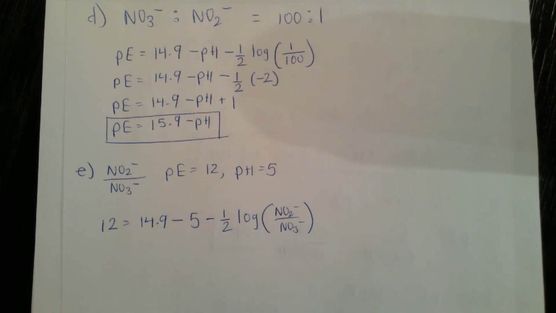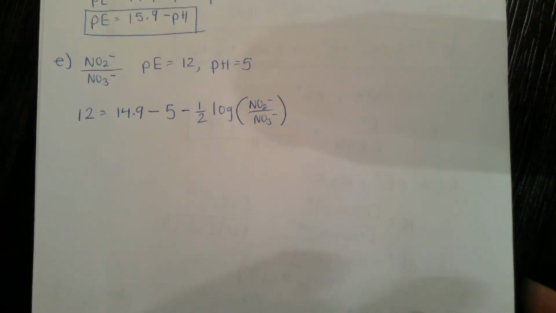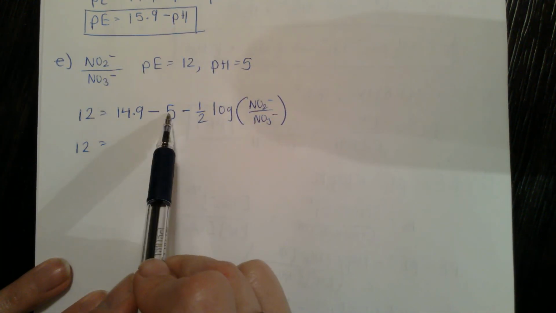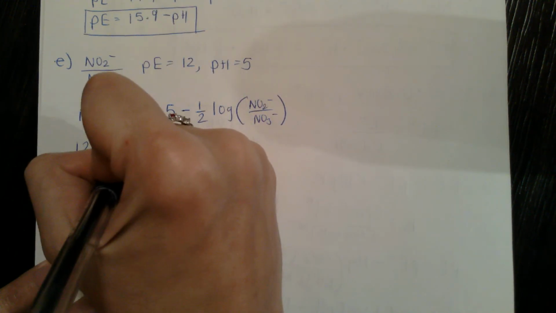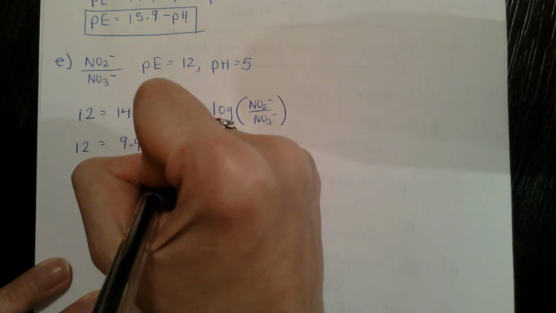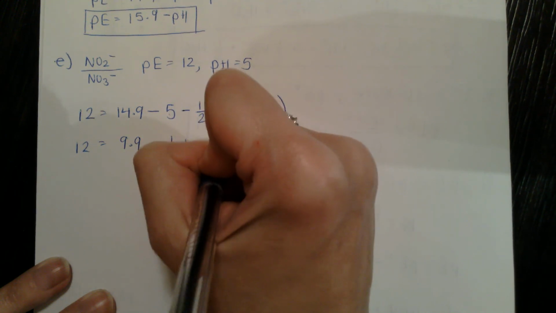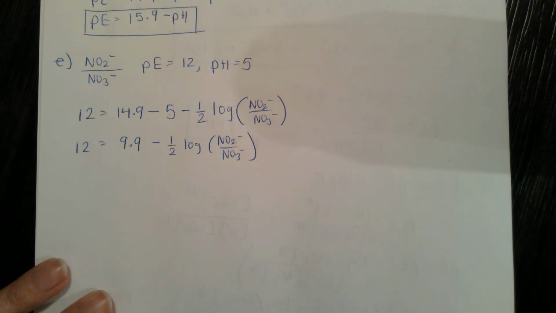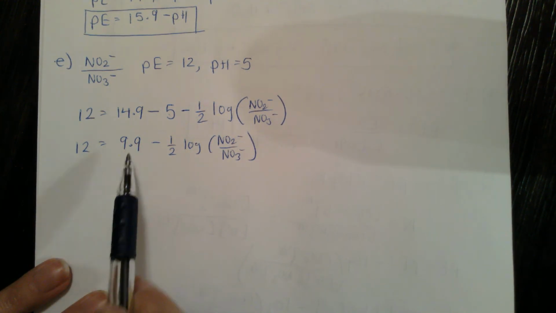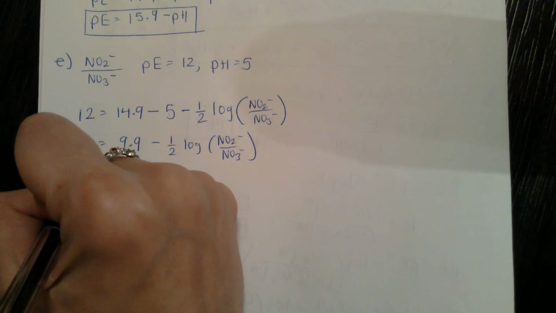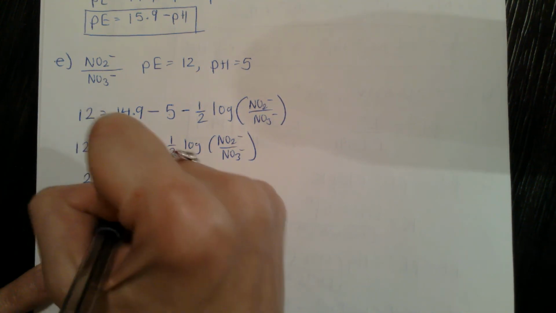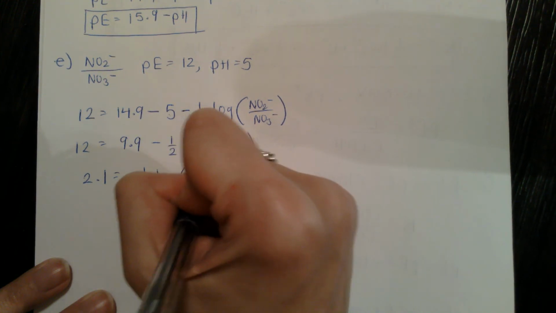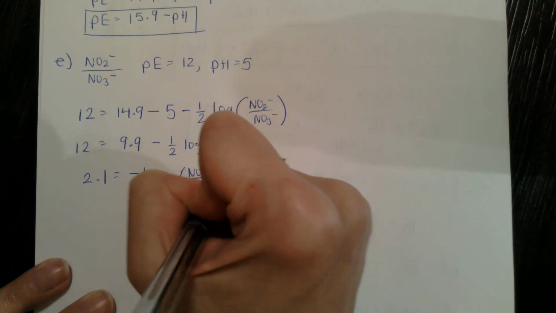Start combining terms: first we can subtract to get 9.9, again minus 1/2 log NO2 minus over NO3 minus. Then we can subtract the 9.9 over, and we get 2.1 equals -1/2 log NO2 minus over NO3 minus.